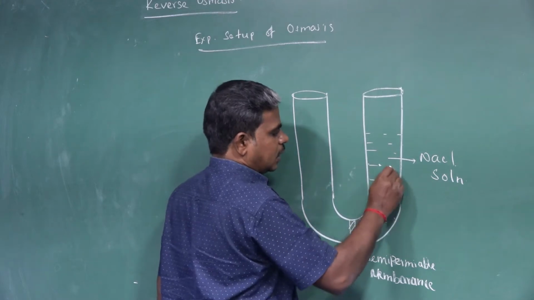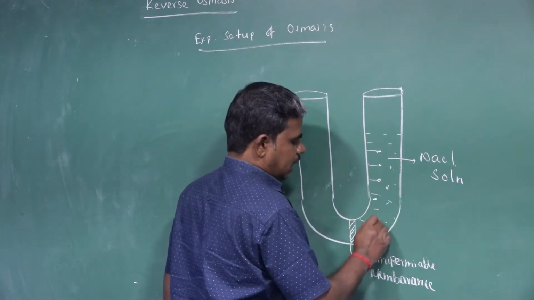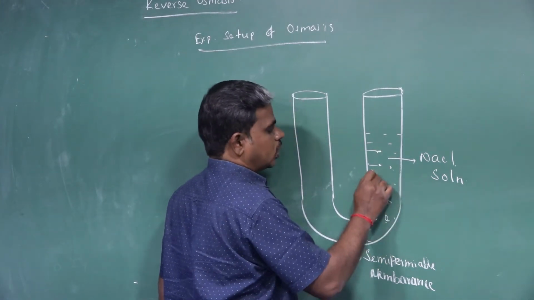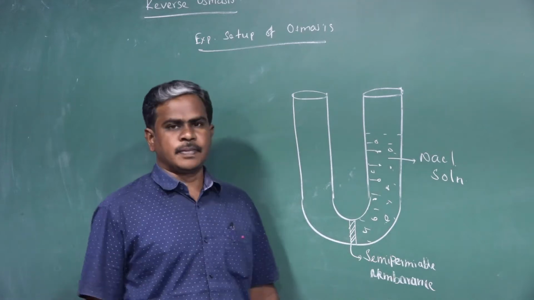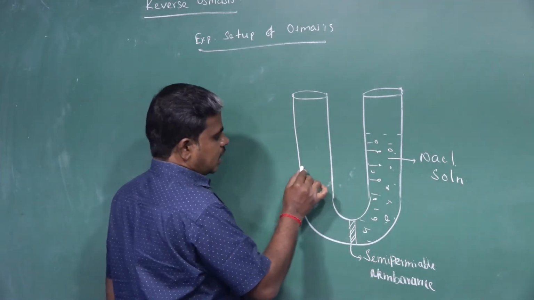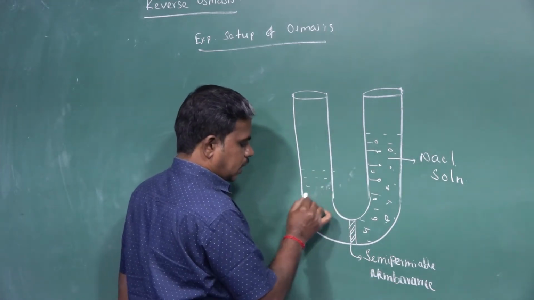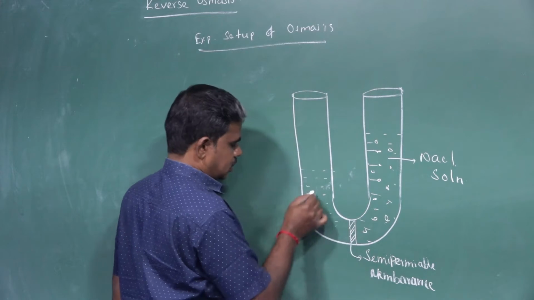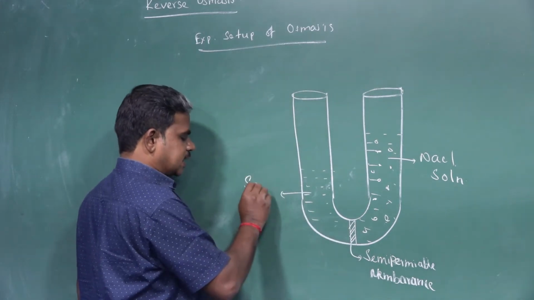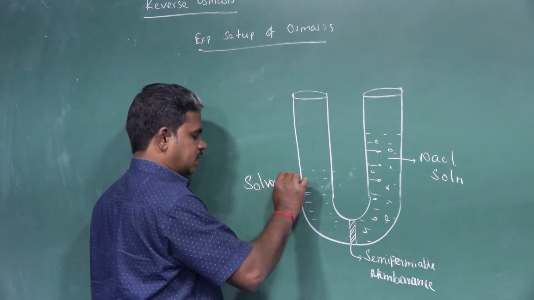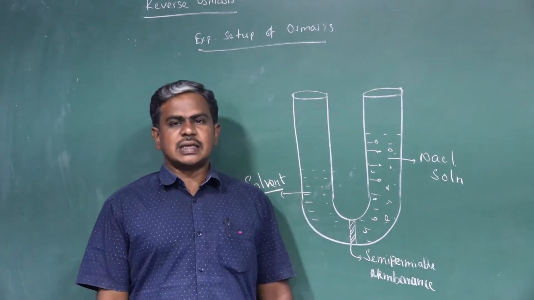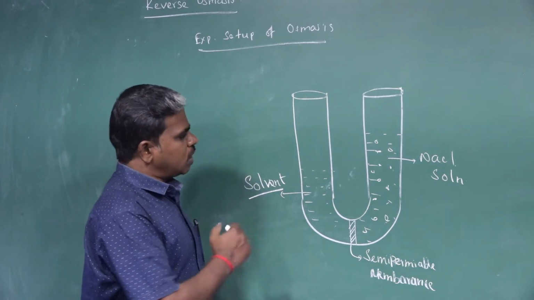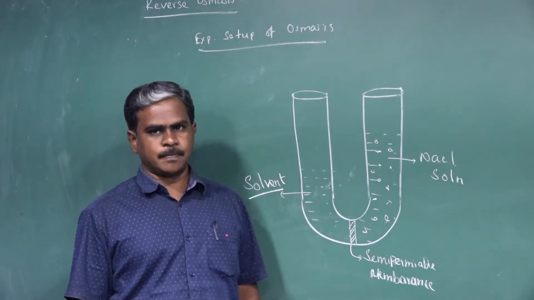We are taking the particles sodium and chloride, and here we are taking the water. Water particle is taken in this as the solvent. Now, what do you mean by osmosis?